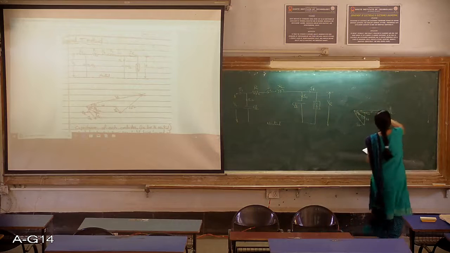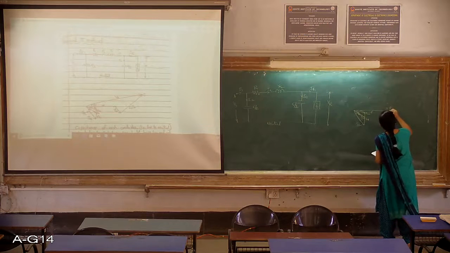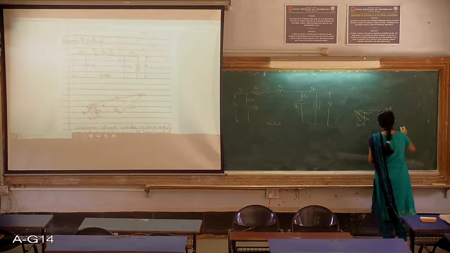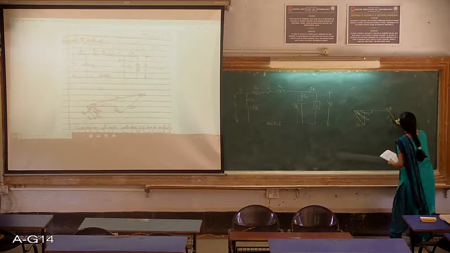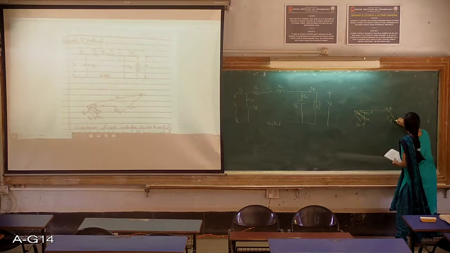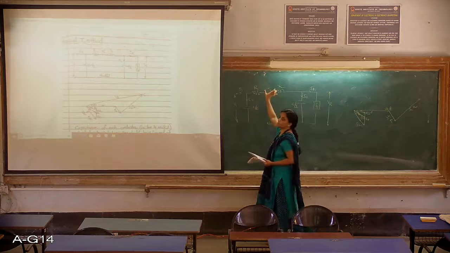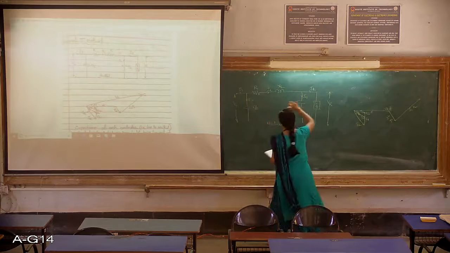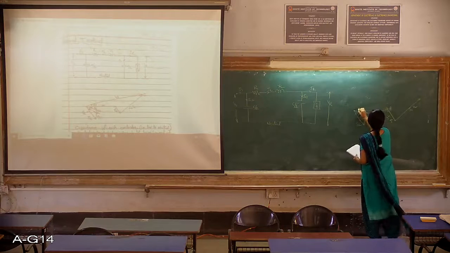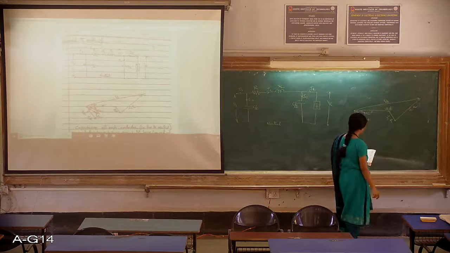Finally the total drop, the resultant, gives VS. As I told you, the sending end capacitance will not have any effect, so we are not representing it.